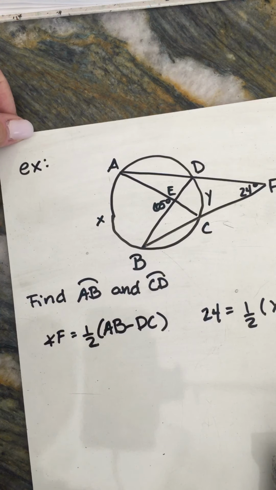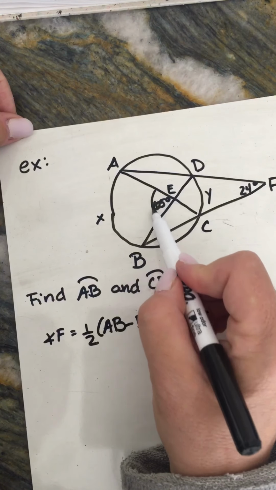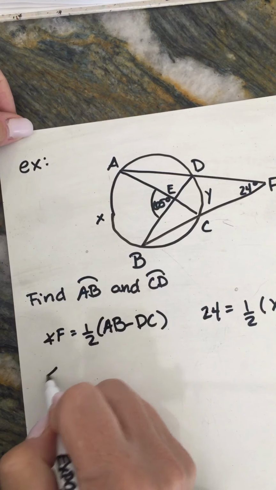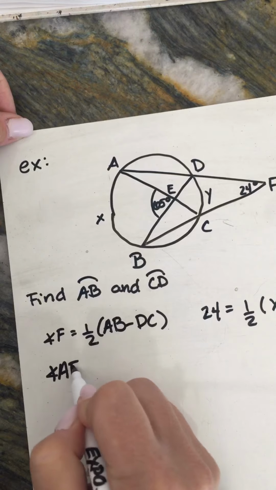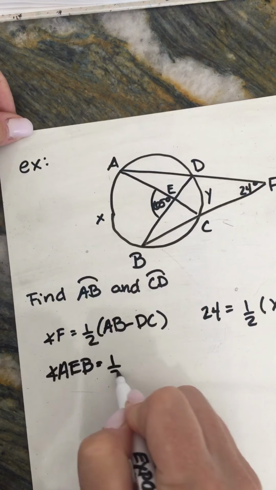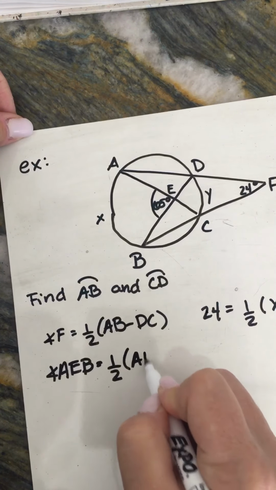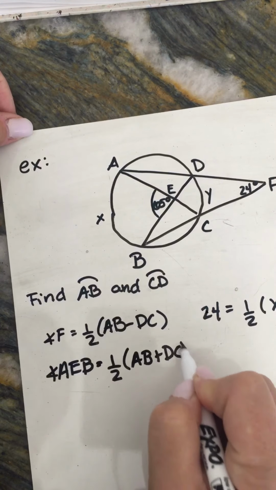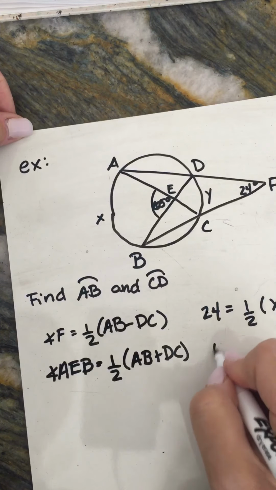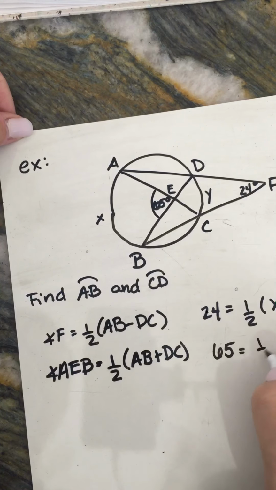Alrighty, then we also have this relationship here, 65. So that's angle AEB is equal to 1/2 arc AB plus arc DC. So that's 65 equals 1/2 x plus y.